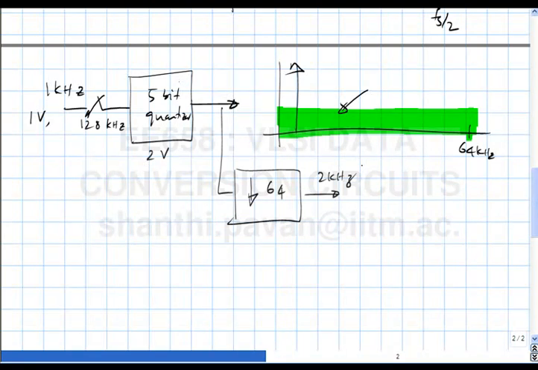Now this will also have quantization noise, correct? So what do you think if I took the power of the signal here? SNR at this point is 31.76 dB, which corresponds to 6 times 5 plus 1.76. Now if I downsample by 64, what do you think happens?